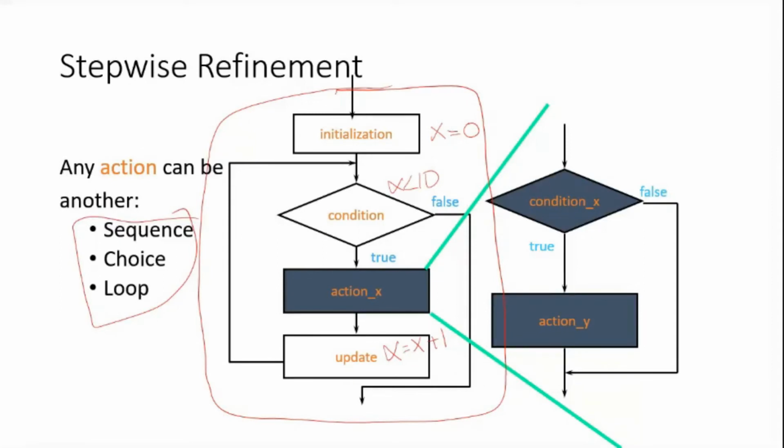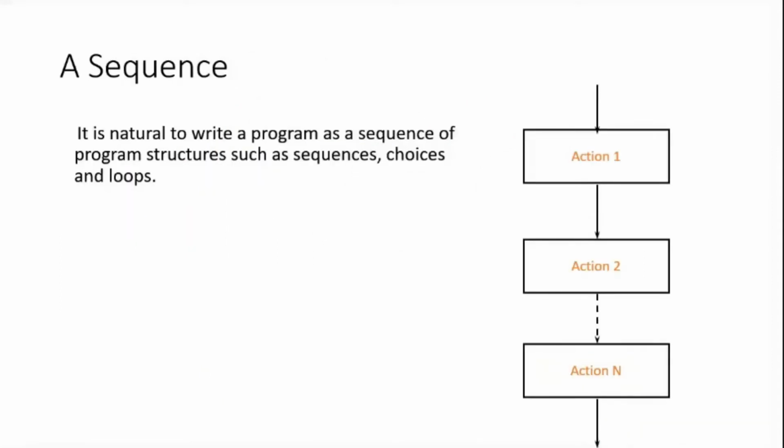So let's see what is a sequence, a choice, or a loop. We have already seen what a loop is and how it happens. A sequence is a continuous set of actions. That is, action 1 is happening, then action 2, then action 3, then again some action n is happening.